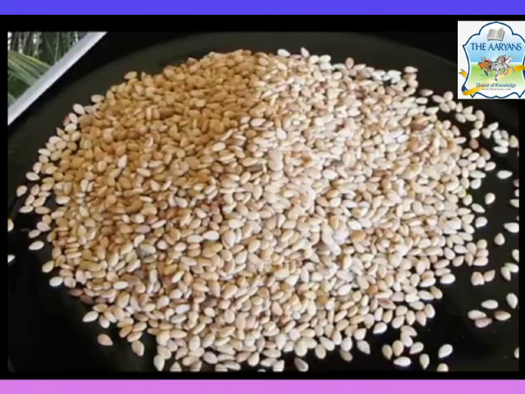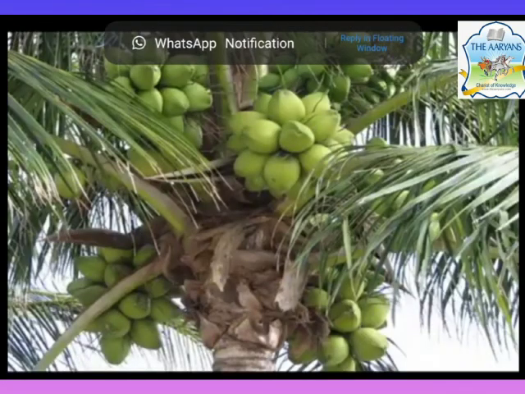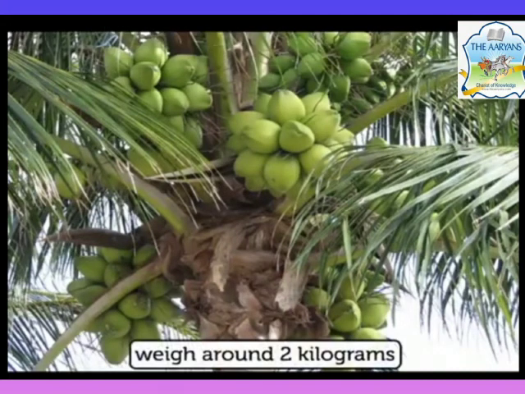And some, like that of a coconut tree, where a single seed would weigh around 2 kilograms. They are so heavy.